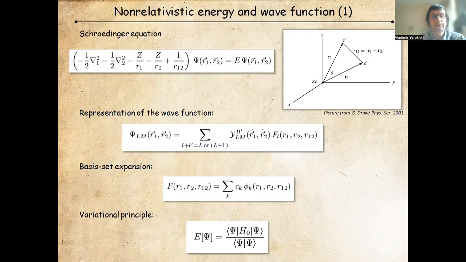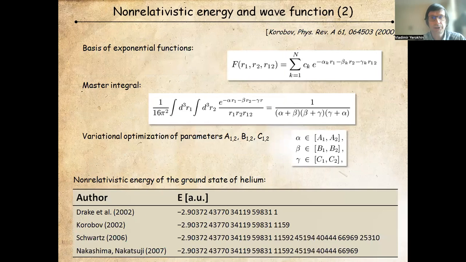The radial part is usually represented as a linear combination of some basis functions, and nonlinear parameters, which are usually implicit in these basis functions, are obtained from the variational principle. In our calculation, we use a basis consisting of exponentials.